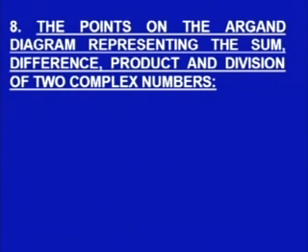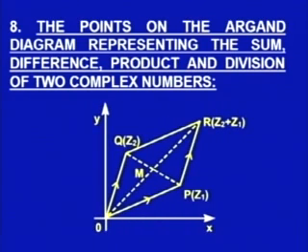Next, we take the points on the Argand diagram which will represent the sum, difference, product and division of any two complex numbers. On the Argand diagram, z1 is represented by the point P, or you can say the vector OP, and the point Q represents the complex number z2.